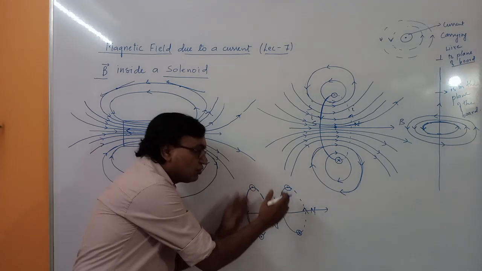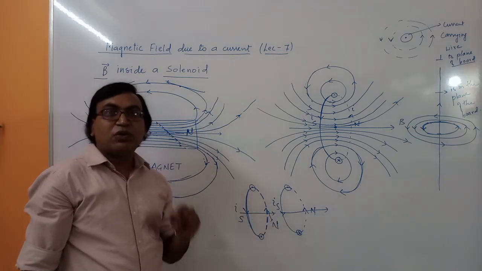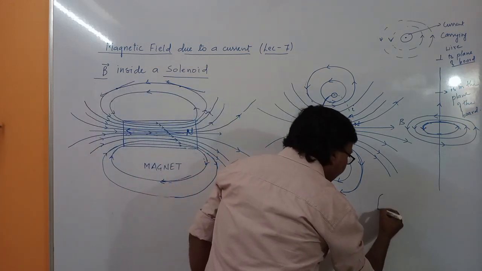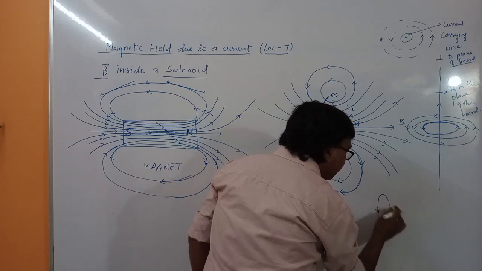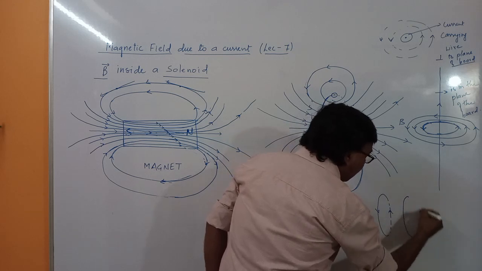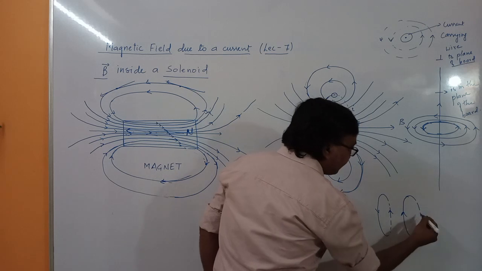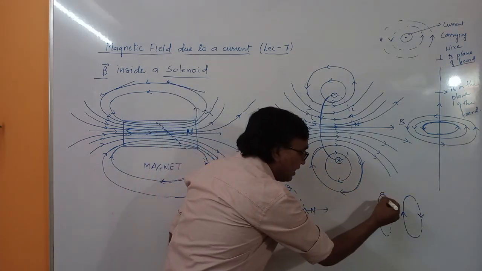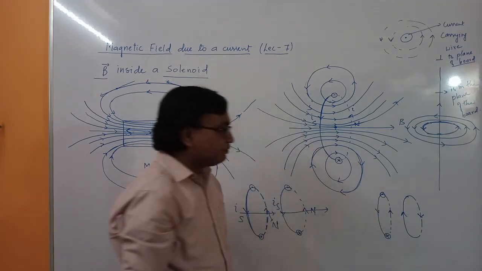Now they will attract. These two loops will attract each other because the north and south poles of a magnet attract. Then similarly, if you have a circular coil carrying a current in this direction perpendicular to the plane, and another coil carrying a current in the opposite sense. In this coil the current is coming outside, here the current is going inside.